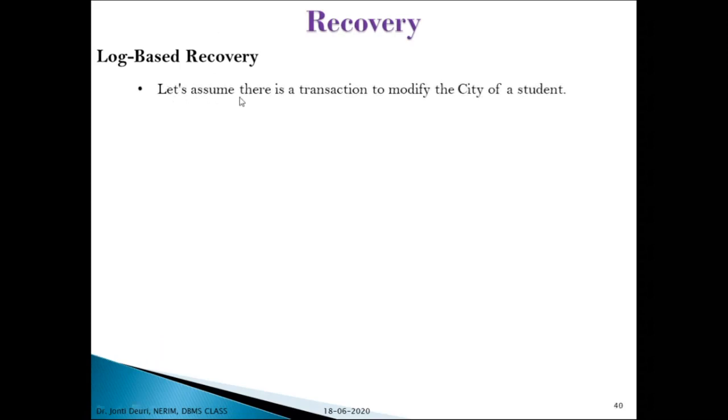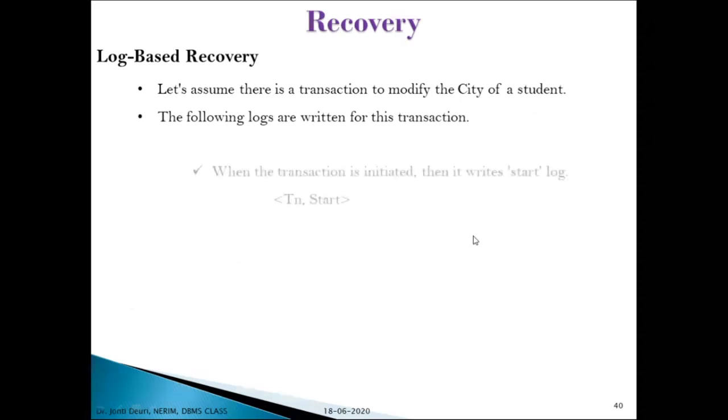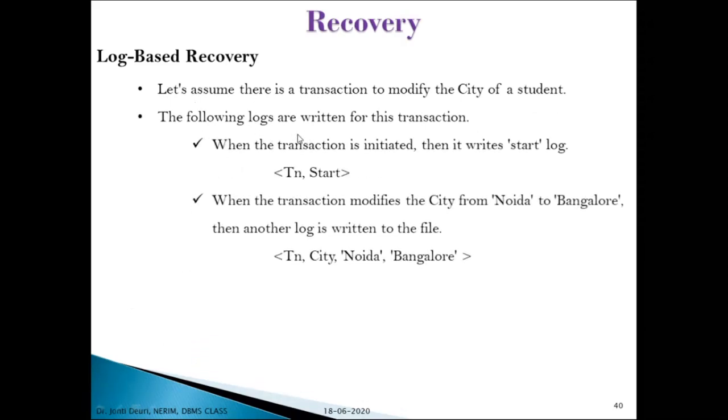Let us take one example. Assume there is a transaction to modify the city of a student, right? The following logs are written for this transaction. When the transaction is initiated, it writes a start log, Tn start.